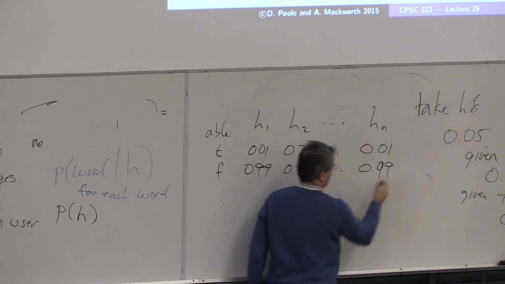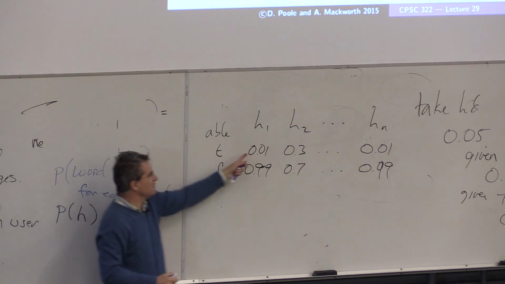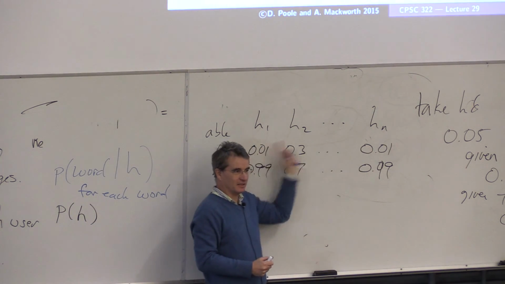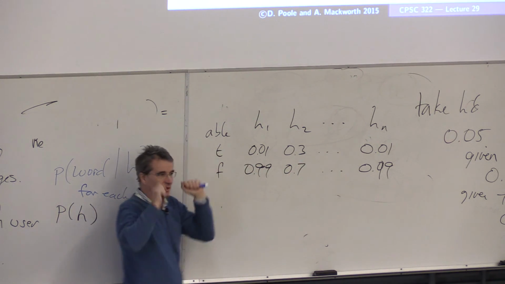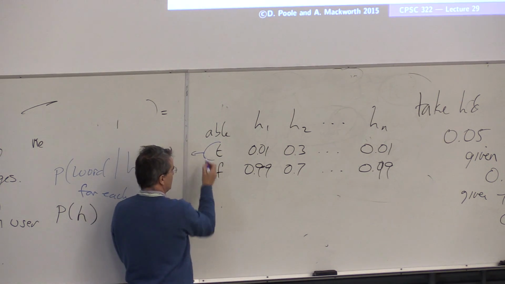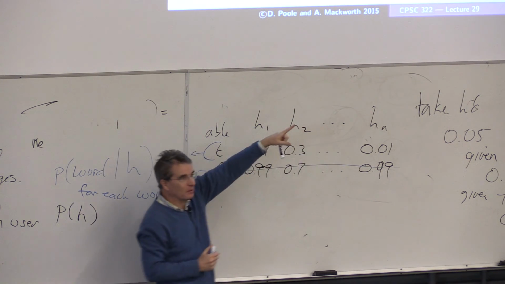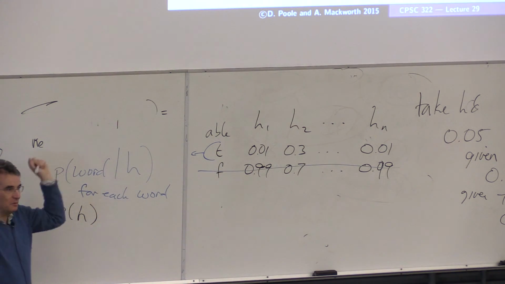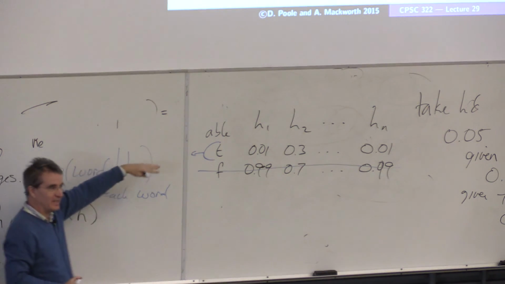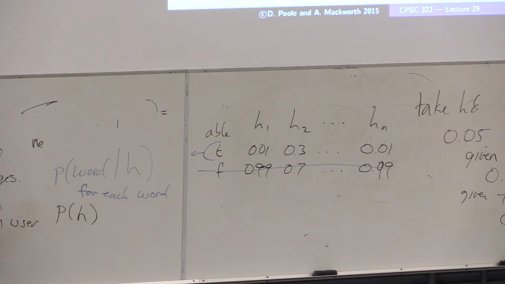And if we observe the word is true, all we're going to do is just multiply the help pages by these numbers and renormalize. So it's just a big multiplication and then renormalizing. So whenever we observe the word, we just cross this out. We multiply this vector by the probability of the word given H and renormalize at the end. Right? It's our variable elimination. It just told us what to do. Every word they use, we just multiply it by this vector and we renormalize it. You know how this works. I don't need to give you another algorithm for this. You know the algorithm for this.